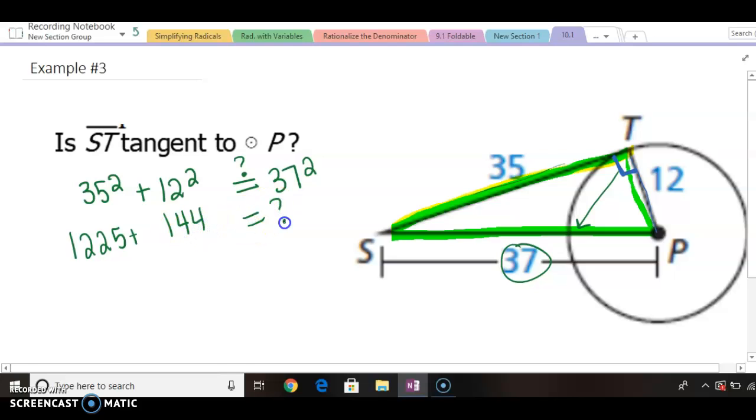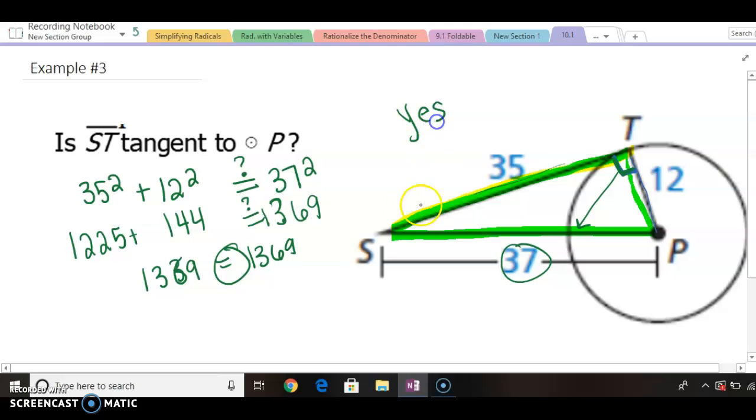Is that equal to 37 squared, 1369? 1225 plus 144 is 1369, which equals 1369. So the Pythagorean theorem holds, yes, this is a right angle, and therefore yes, ST is tangent to, once again, circle P.